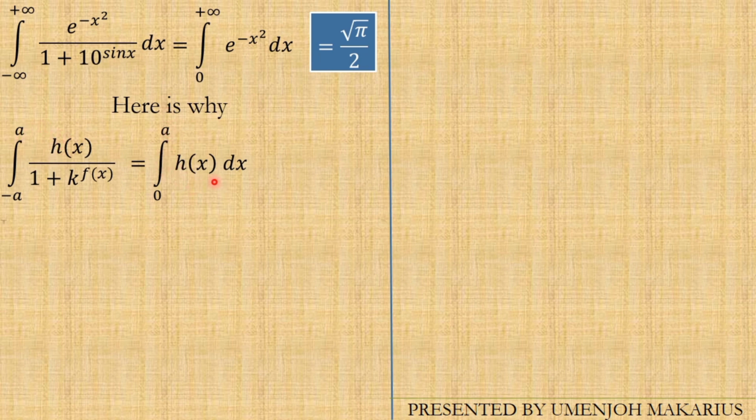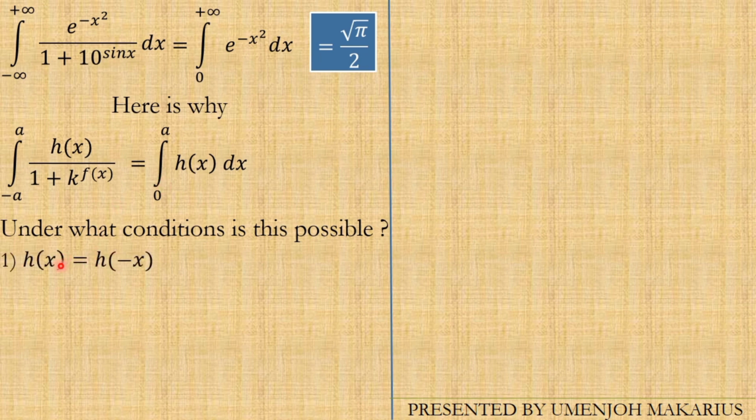So under what conditions is this possible? This is possible only when we have h of x to be the same as h of negative x, namely h of x is an even function. And condition number 2, this is true when f of negative x is the same as negative f of x.